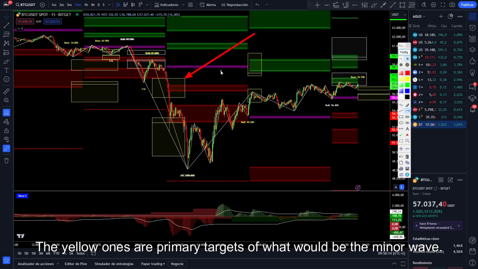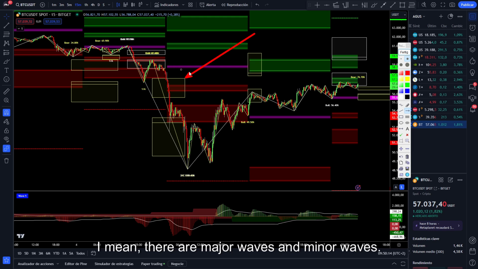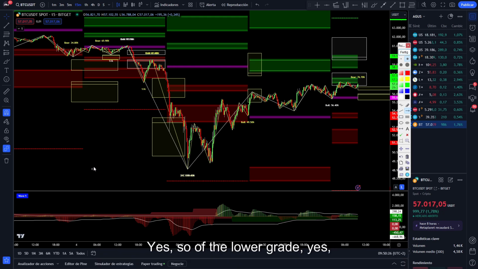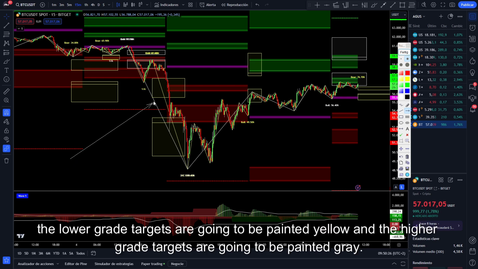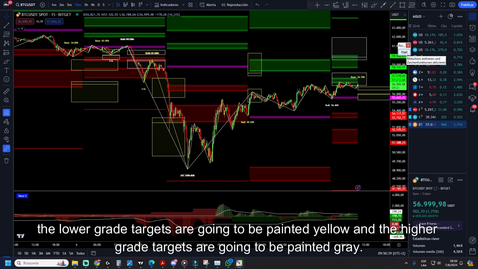The yellow ones are primary targets of what would be the minor wave. I mean, there are major waves and minor waves. So the lower grade targets are going to be painted yellow, and the higher grade targets are going to be painted gray.